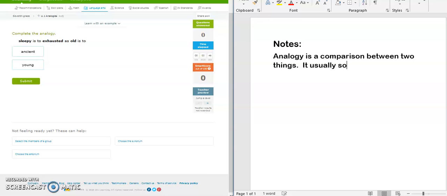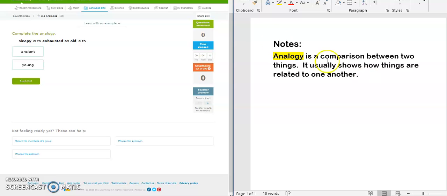It usually shows how things are related to one another. All right, so that's what an analogy is. So it's a comparison between two things. It usually shows how they're related.